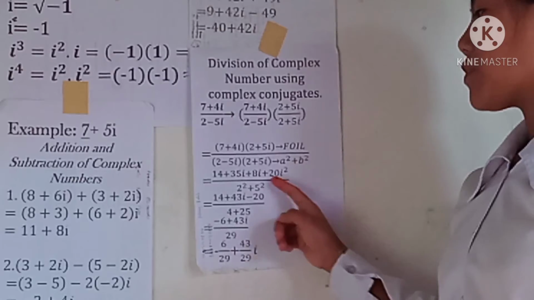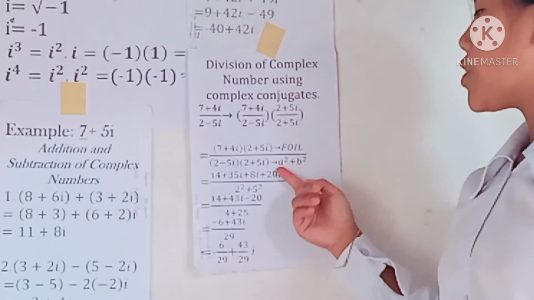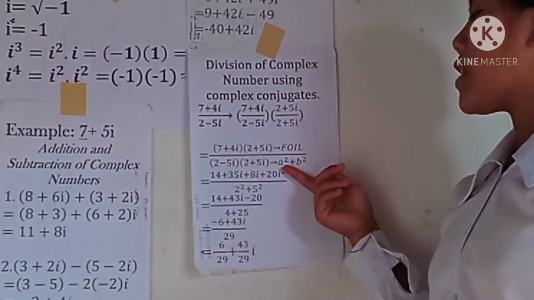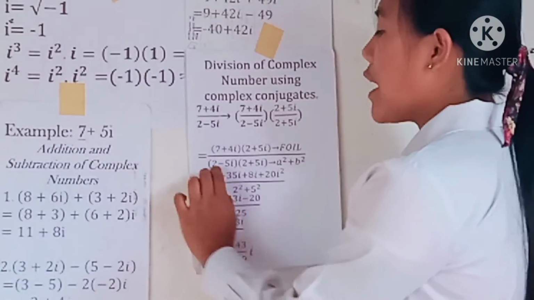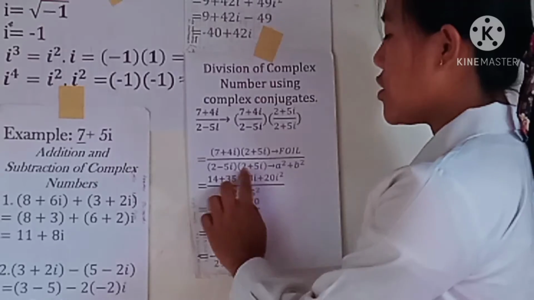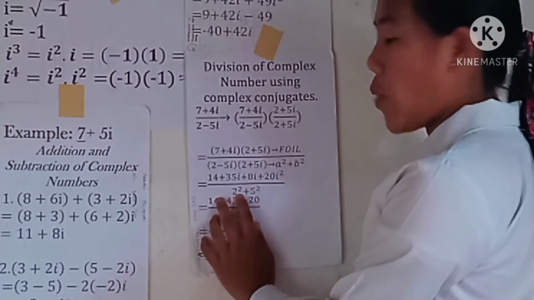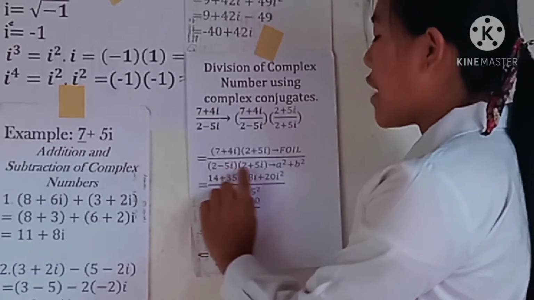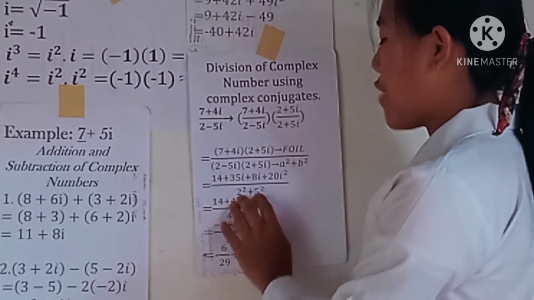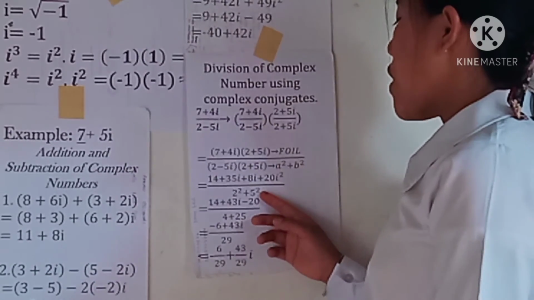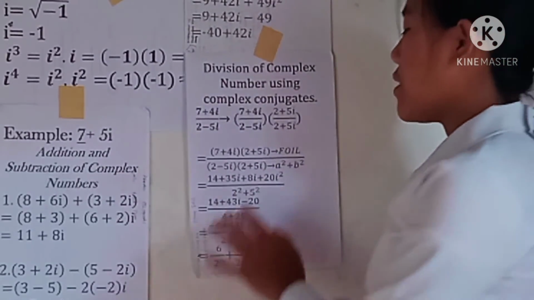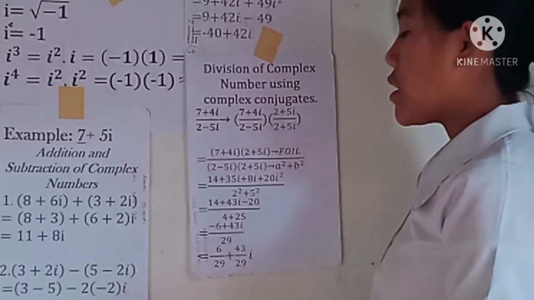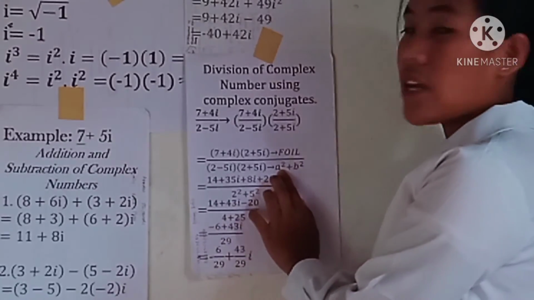Over, because we will use the formula a squared plus b squared, our a is 2, so this is 2 squared, and b is 5, which is 5 squared. It's okay if we do not include the i in the denominator, since we will be using this formula.